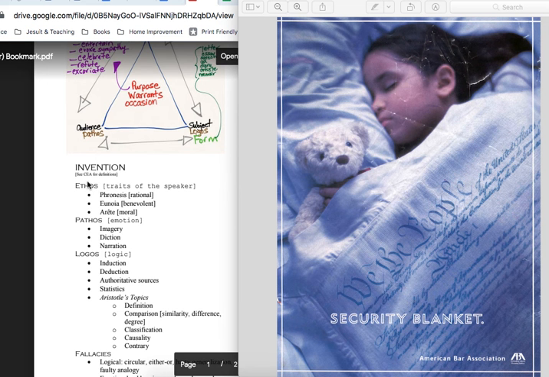So we're going to start with ethos. Ethos has to do with the speaker, or the person who's creating the ad, and in this case, it's the American Bar Association.